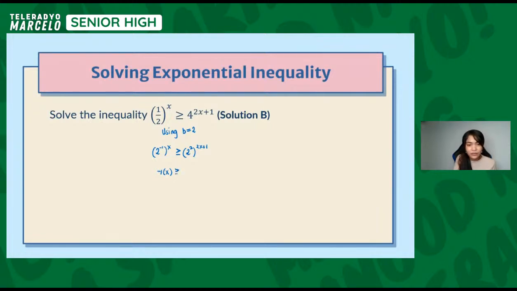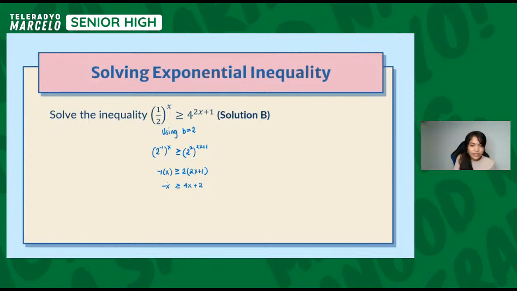So we are going to just copy that. Then we copy the exponents. We have here 2 times the quantity 2x plus 1. So let's simplify this one. Negative 1 times x is negative x is greater than or equal to, distribute 2 on each term inside the parenthesis. So we will have 4x plus 2.